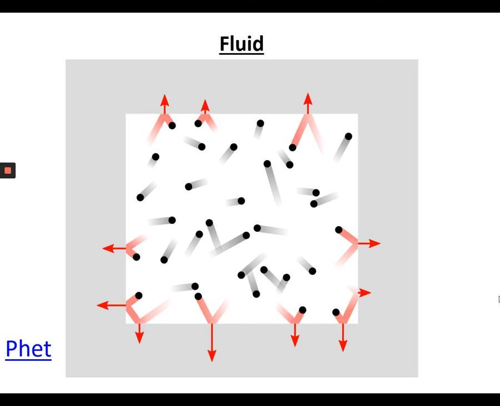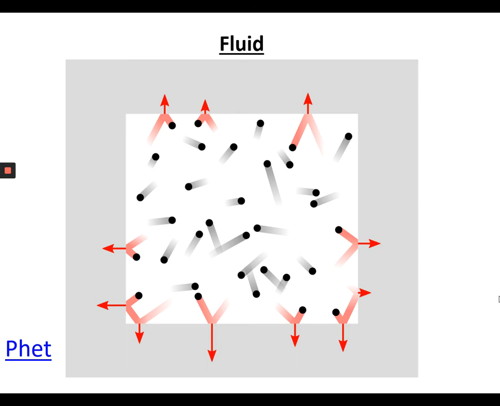In a fluid, it covers liquids and gases. It's called a fluid because these particles can flow. They can move around. They're not always next to the same particle. The red ones at that moment in time are causing the pressure. So pressure is caused by the particles bouncing on the edges of a container, changing direction and exerting a force as they do that.